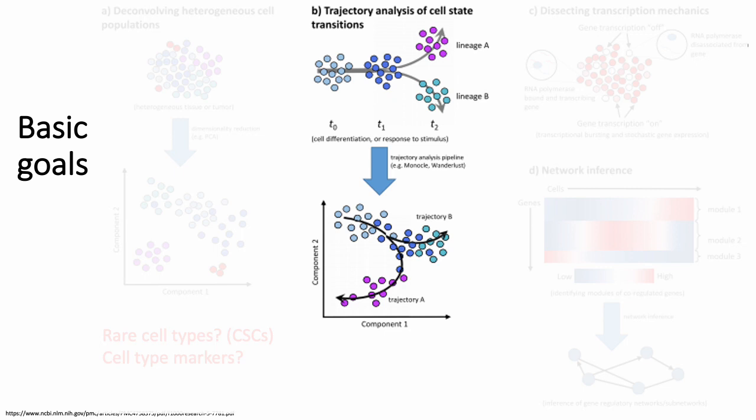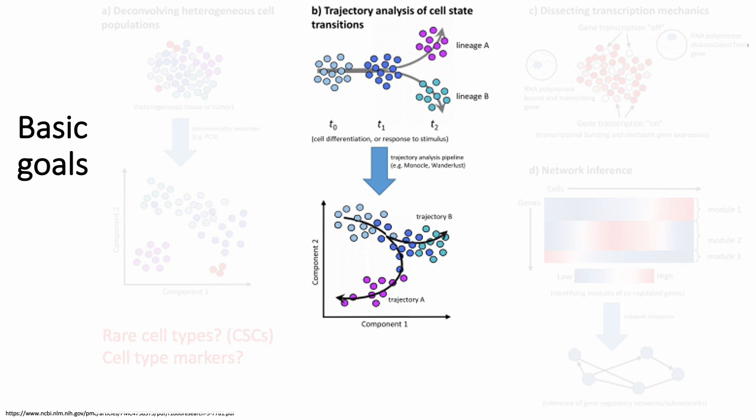This is in contrast to single cell-based assays, where, for example, you can take pluripotent stem cells, initiate differentiation, and then sequence tens of thousands of cells as they're differentiating.